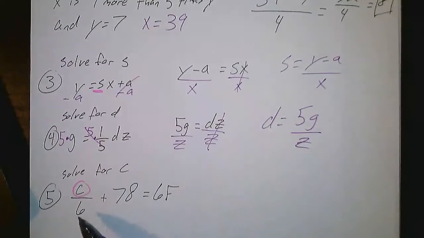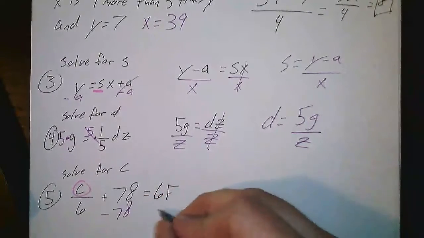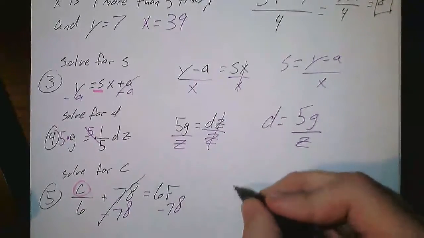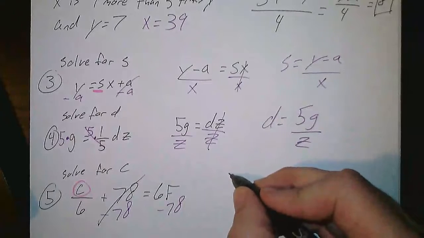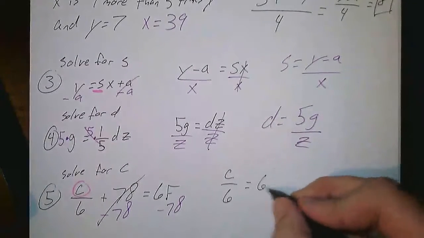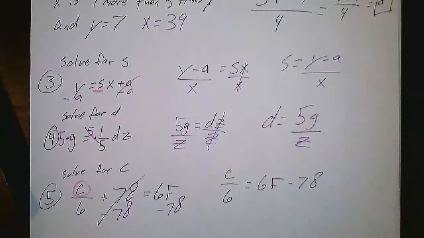So again, we need to isolate our variable term, and I will do that by subtracting 78 from both sides. So now I have c over 6 equals 6f minus 78.